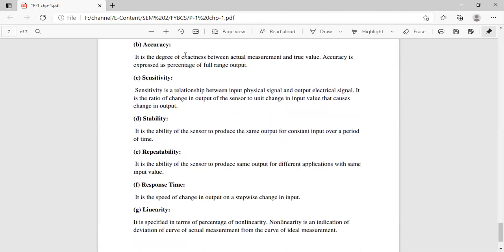What is accuracy? It is the degree of exactness between the actual measurement and the true value. Suppose the actual value is 10, and the reading the sensor shows us is 9. That is somewhat close. If we have another sensor whose measurement is 5, then 5 is far away from 10.